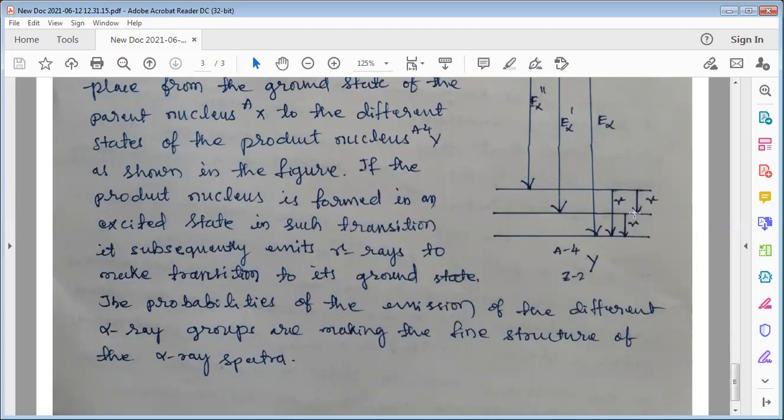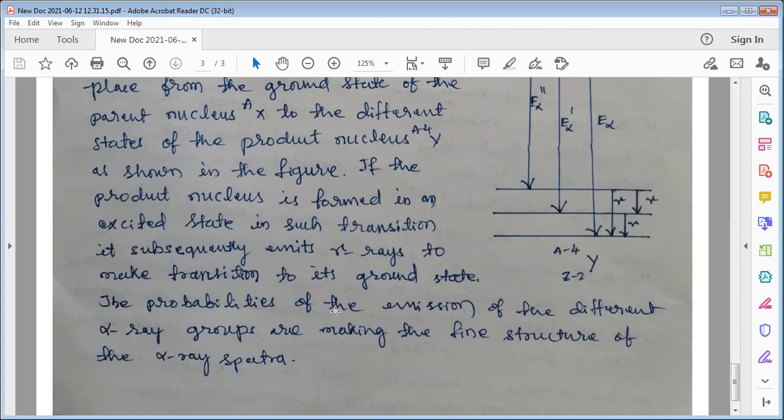So here, as I explained in the earlier case, if this product nucleus is in a different excited state, then it will take a downward transition to its ground state by emitting gamma rays or gamma particles. So gamma particles of different energy are emitted when this daughter nucleus or the product nucleus takes the transitions from different excited states to the ground state.